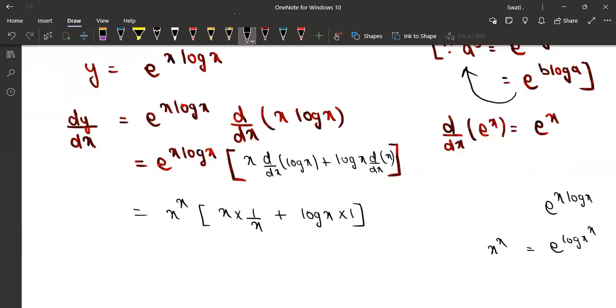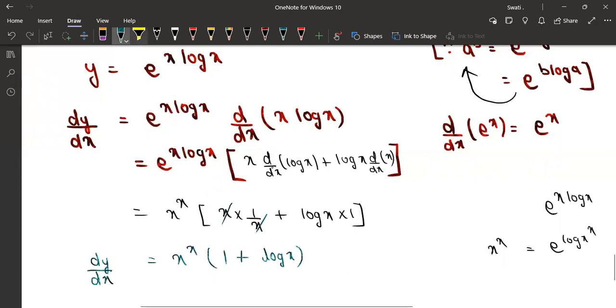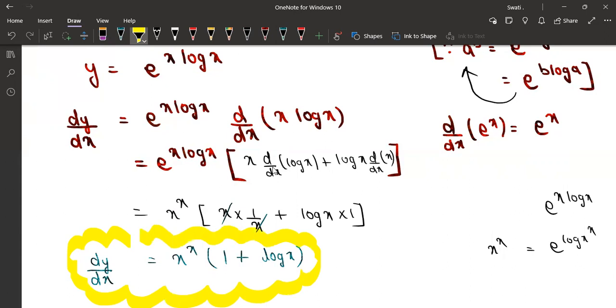Remember, whatever formula you are using in any of the questions, make sure you write down that formula on the other side, right? So here I have used the formula of the derivative of log x, which is 1 over x. Now this will get cancelled. So what we are getting is x raised to x, and then in brackets 1 plus log x into 1, that is log x. So therefore, the answer of dy dx is x raised to x into 1 plus log x. This is the answer.